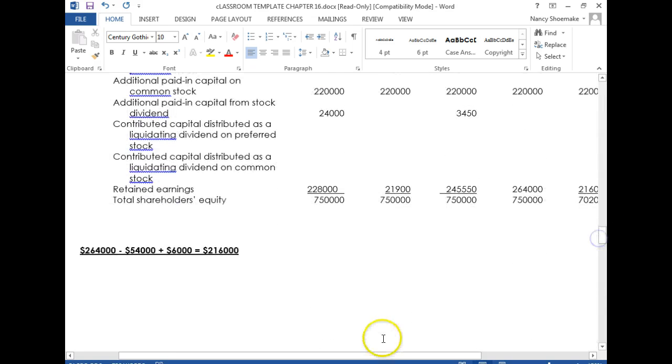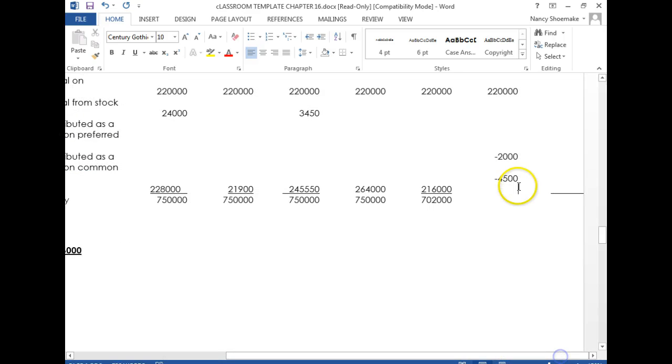So 264 minus the 38,000 is what, guys? 226. So our new retained earnings here is what?